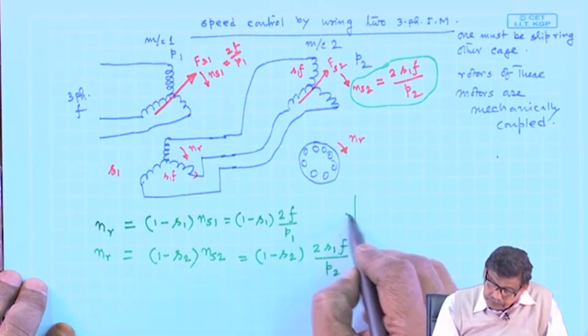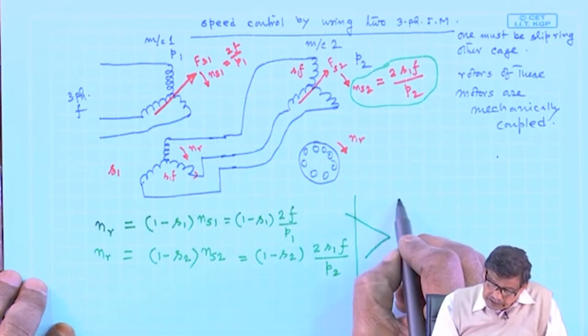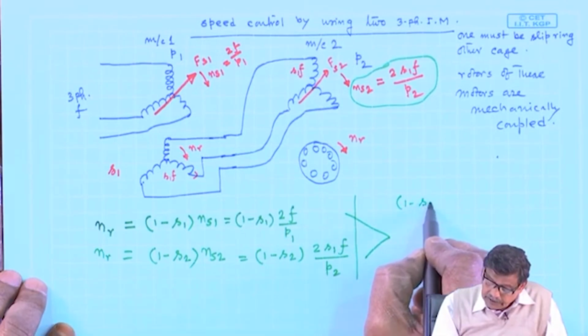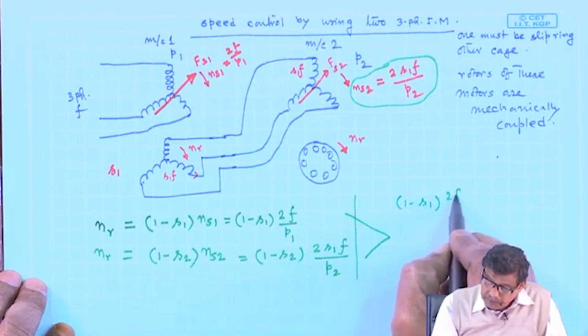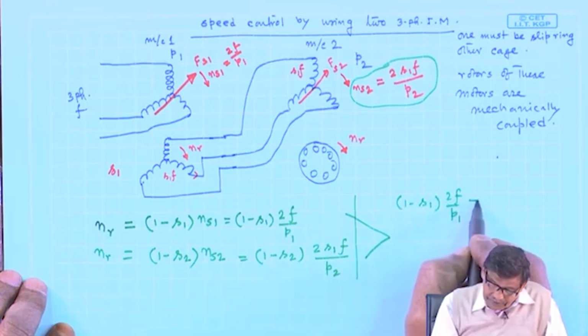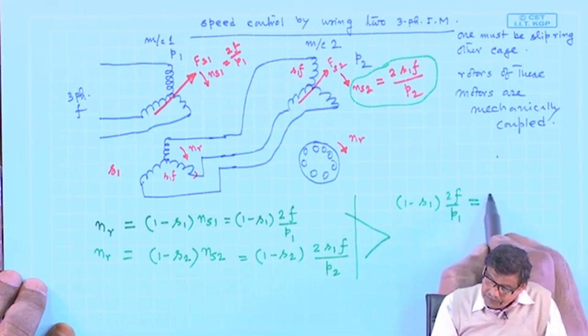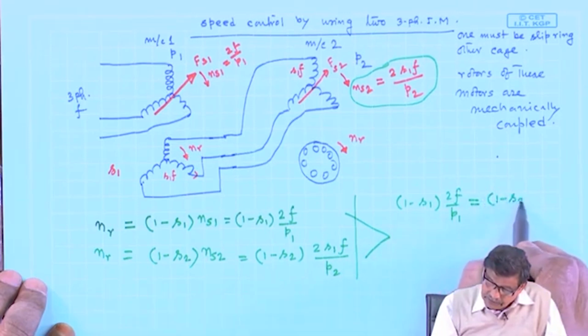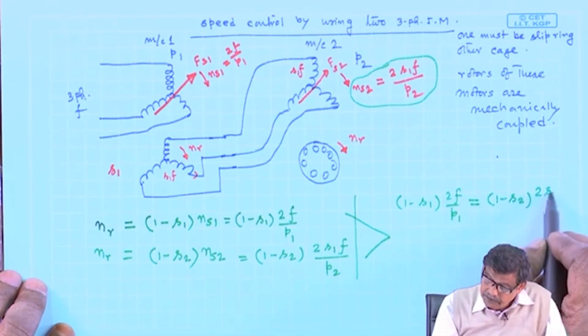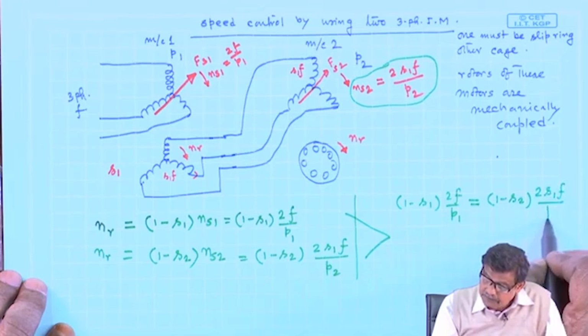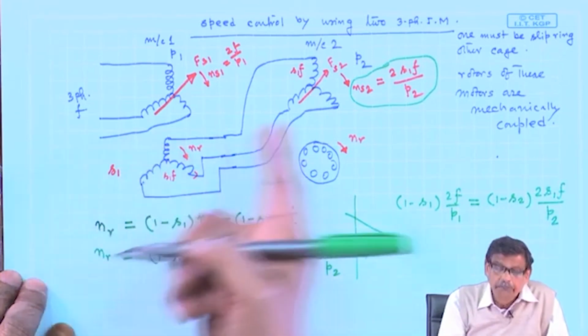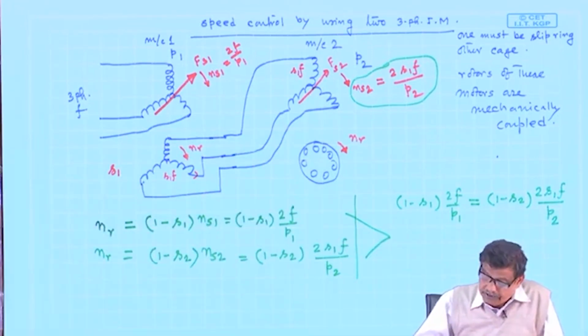So, that is (1 minus S1) into 2f by P1 must be equal to (1 minus S2) into 2 S1 f by P2, where P1, P2 are the number of poles of the machines.